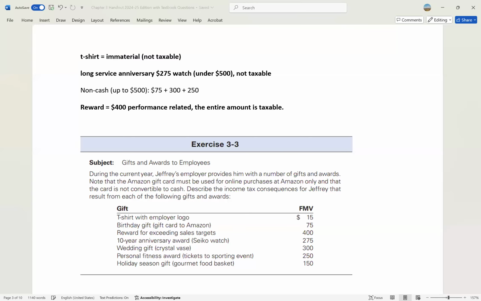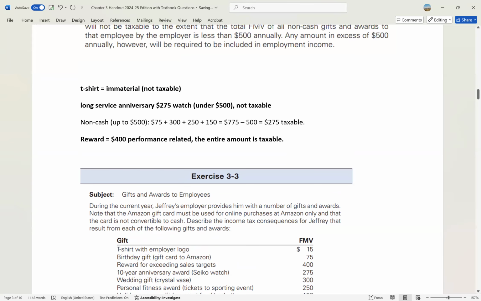And then the holiday season gift is a gourmet food basket, also a non-cash gift. So we add that $150. And when we add up the total there, that's a total of $775. So what we would do then is subtract the first $500, and only the $275 would be taxable. So in this question, he would have to include $275 in his net employment income and also $400 in his net employment income.